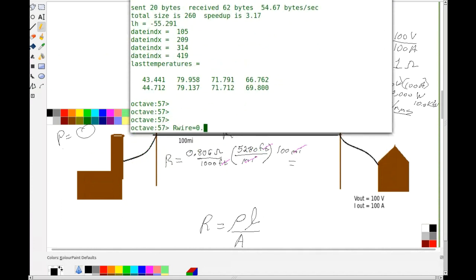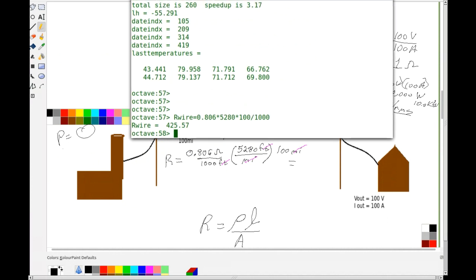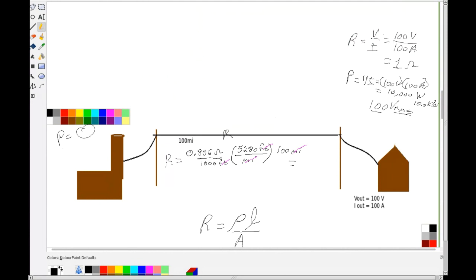So it's 0.806 times 5,280 times 100 miles divided by 1,000 feet. Oh wow, look at that: 425.57.